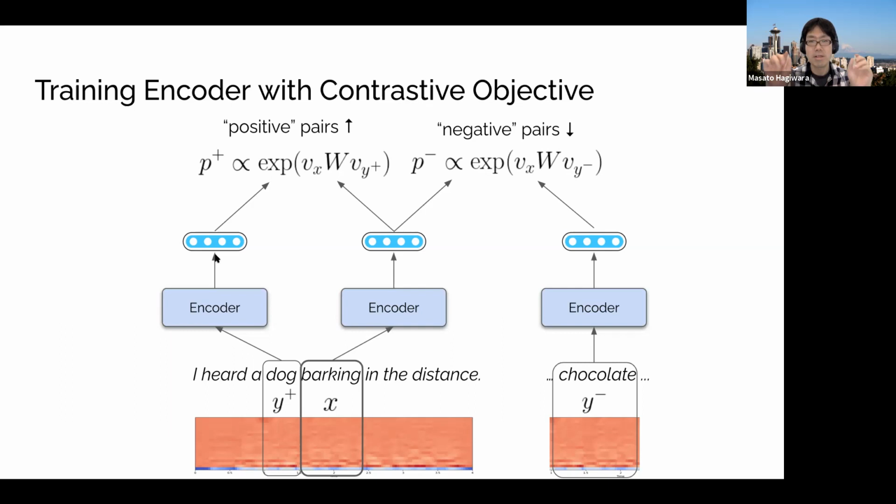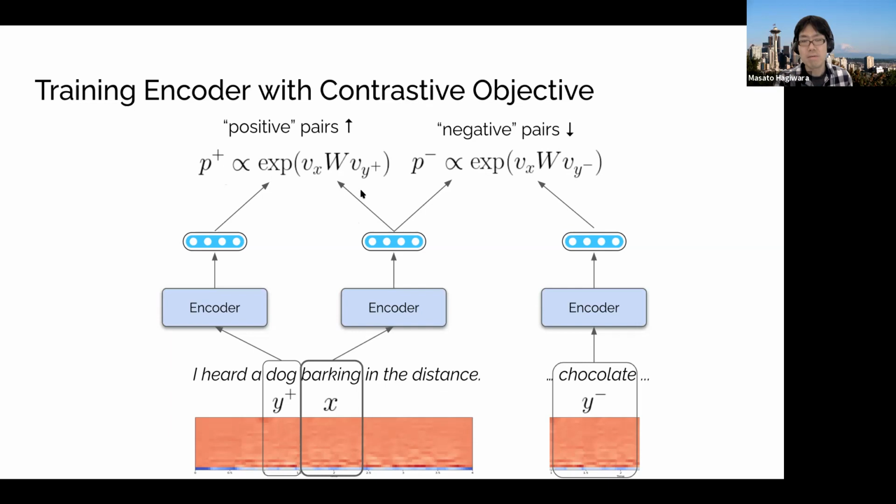What you want to do is compute some notion of similarity between these two vectors, the vector for barking and another vector for dog. It's just like a dot product or inner product of these two vectors with some linear transformation in between. And you get the probability by exponentiating and also normalizing by some other words.